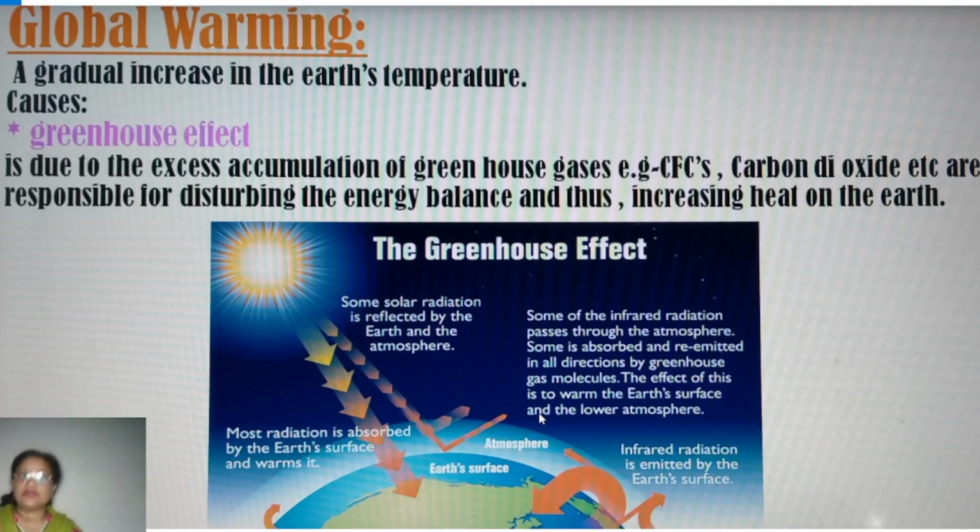Now, this is one part, children. One term I have used just now is greenhouse gas. What are these greenhouse gases? Greenhouse gases are a few gases, actually. These are called greenhouse after something which was used especially in the colder regions.